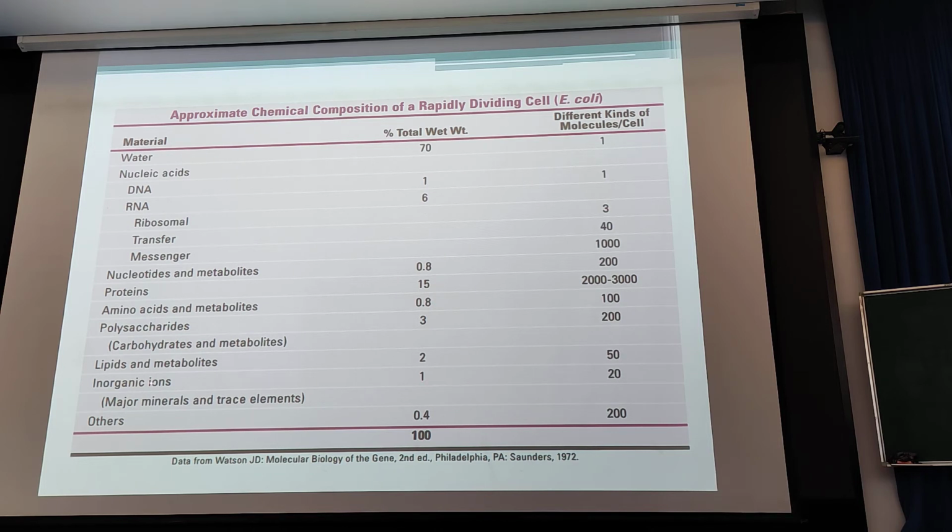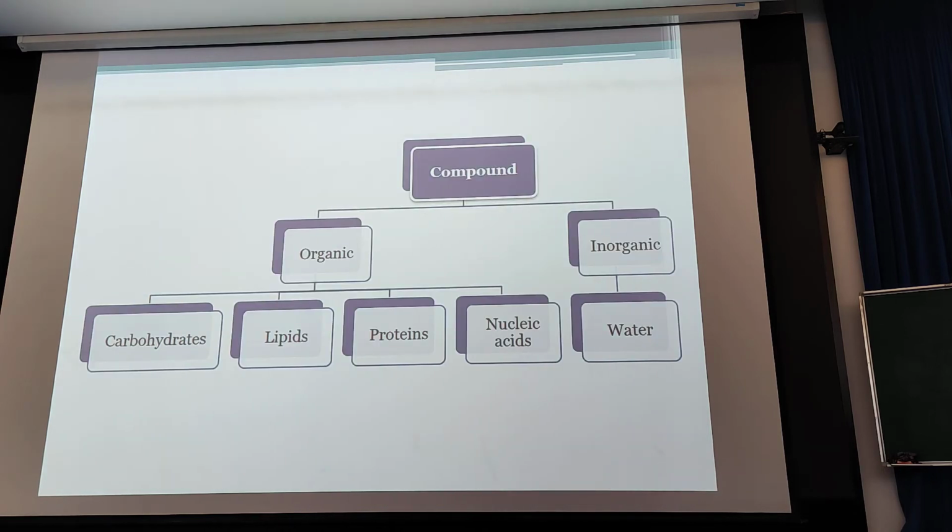The inorganic ions here occupy only 1%, and for other mineral trace elements we have 0.4%. So this is the first look, to give you the first impression of the composition of the elements inside a living organism.